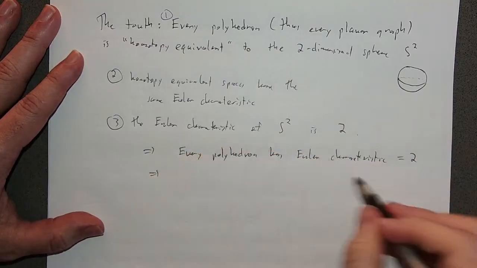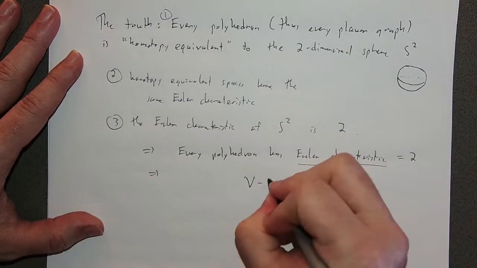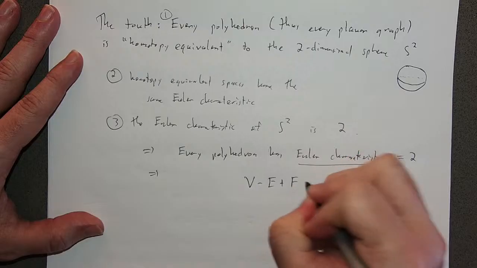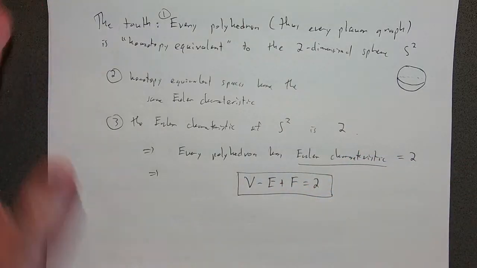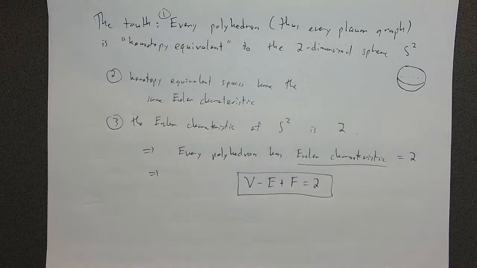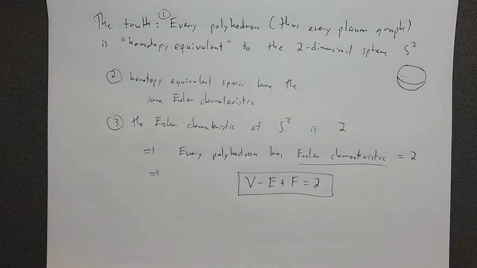But this Euler characteristic is vertices minus edges plus faces for a two-dimensional object. You can define Euler characteristic for higher dimensional objects, and it keeps this alternating sum structure. I won't say too much more about it, but this is what's actually going on.